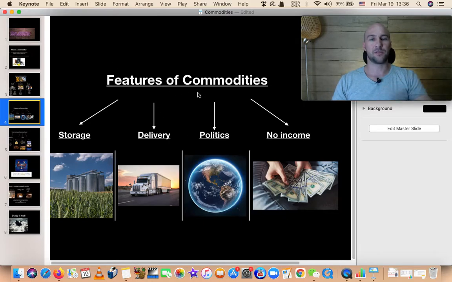So the features of commodities: these things either need to come from a mine or come from a farm, and they need to get transported to a manufacturer, to the end user, to the consumer, and they need to be stored.